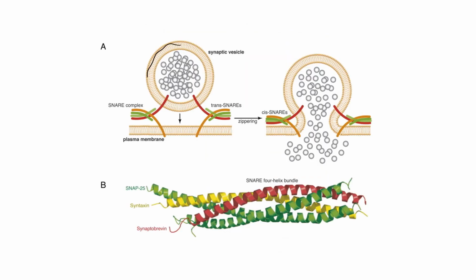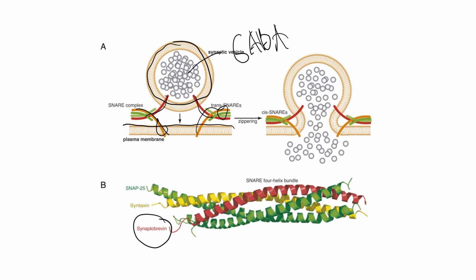Here is a vesicle, and you can imagine this vesicle is filled with GABA. And this vesicle has this snare protein that's called synaptobrevin. And it uses synaptobrevin, this snare protein, to bind to other snare proteins located on the plasma membrane that is the distal end of the button. So this would be like the distal end of the button here, okay?